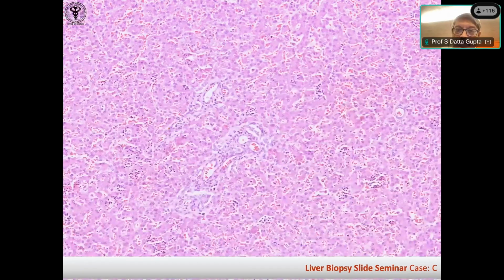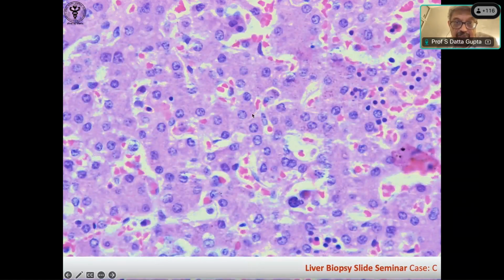Yeah. Very good. I think all of you have diagnosed it correctly. This is neonatal liver, extramedullary hematopoiesis. Very good. So all of you, see, first you note, you see, the liver cords are 2 cells thick. So therefore, it must be below 5 months, or you will not see so much of double cell thick cords. Okay.